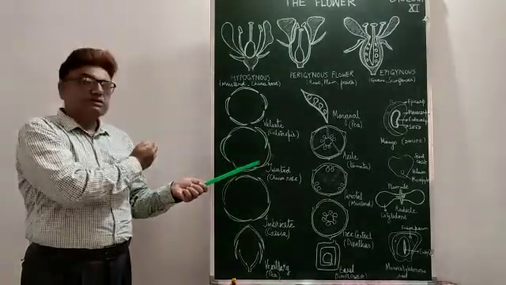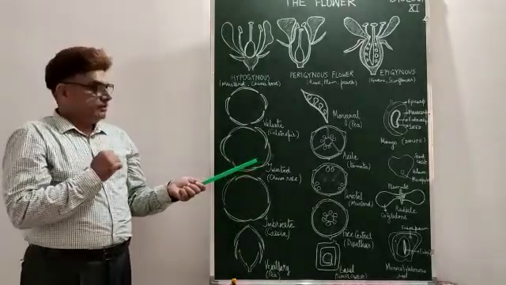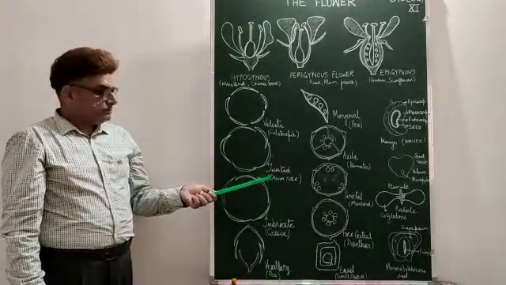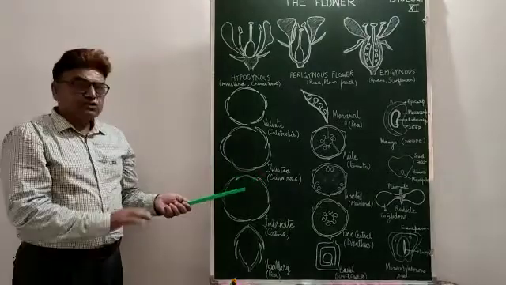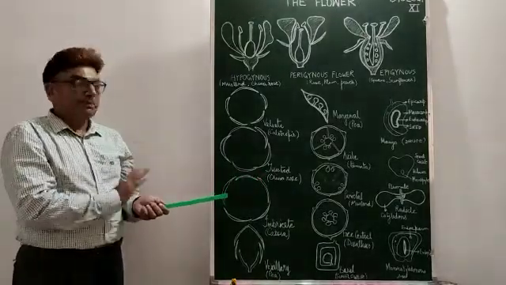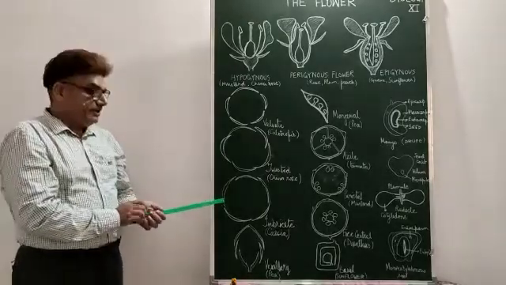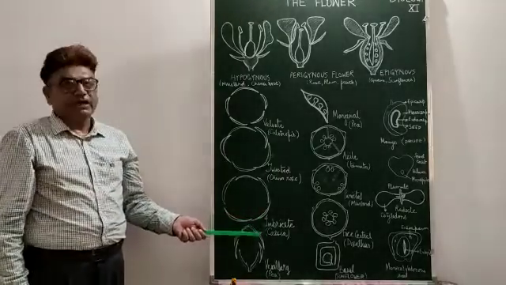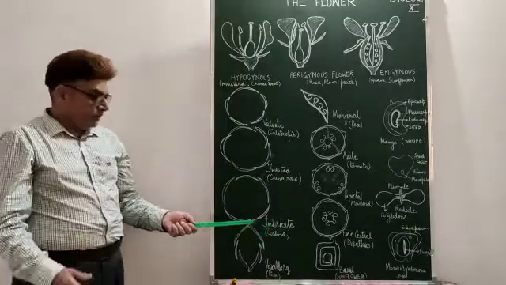It may be present in sepals, it may be present in petals. This type of twisted condition we observe in China rose. But if there is no particular direction of the arrangement of the margins of these sepals or petals, that condition is known as imbricate aestivation, and we find this in case of cassia, gulmohar, etc.